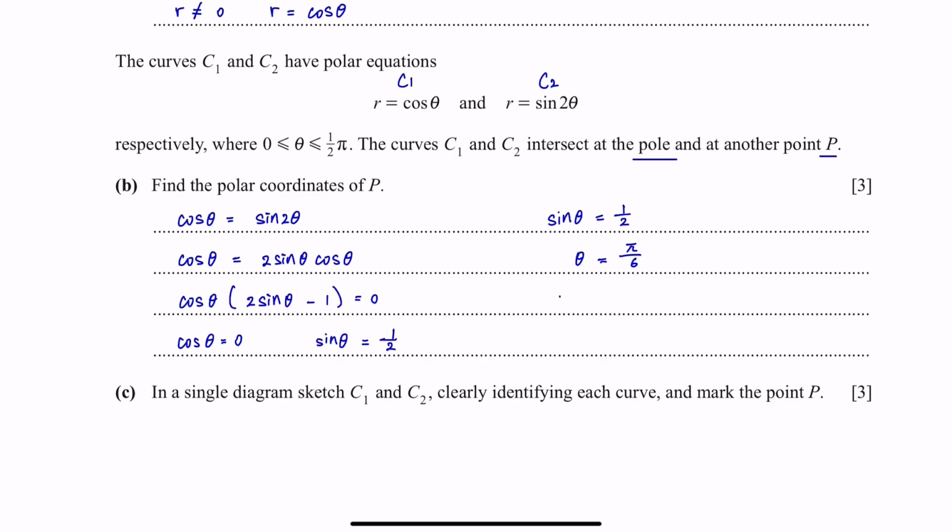And in this case, r will be equal to root 3 over 2. So P is root 3 over 2, pi over 6. This is the coordinates for point P.